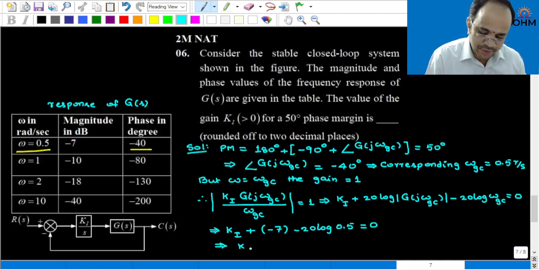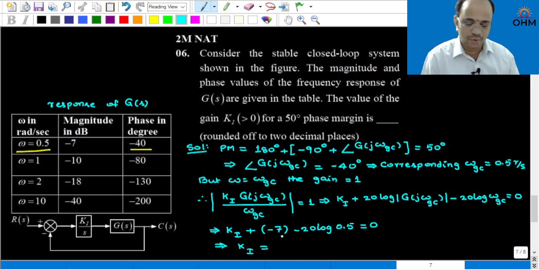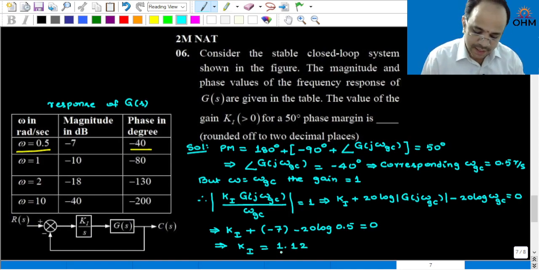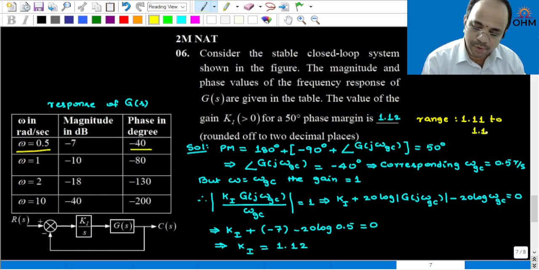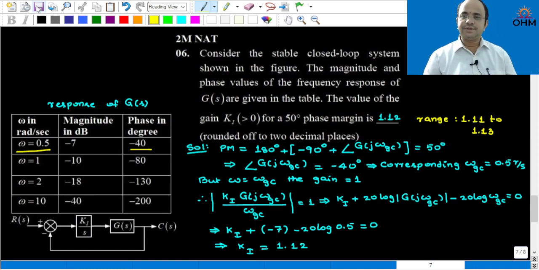So, by solving this, you will get the Ki value is equal to 1.12. The answer is 1.12, but the accepted range, any number you enter between 1.11 to 1.13 can be considered as the correct answer for this question.